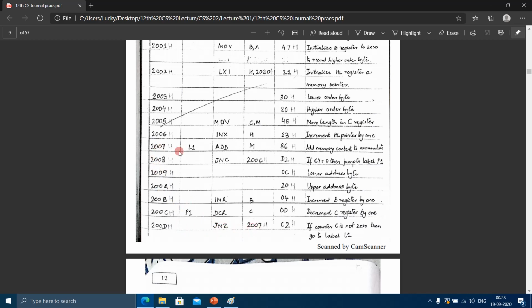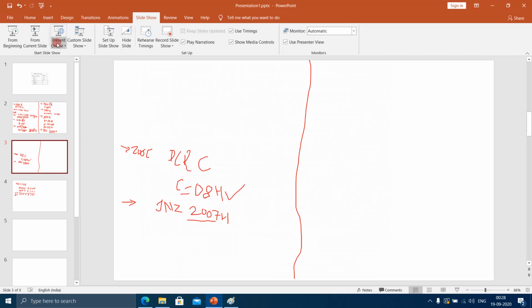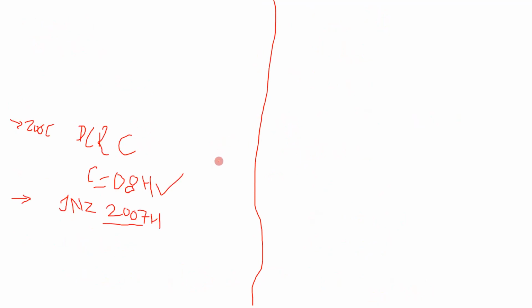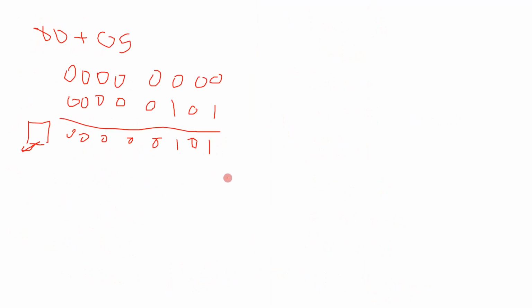What is there? Add M. There is an instruction ADD M at 2007. So what is the logic of the program here?